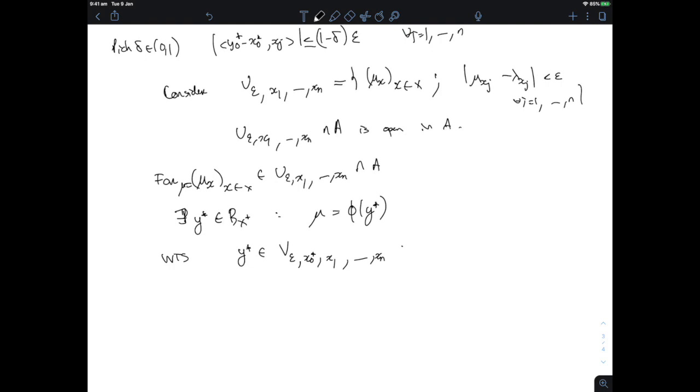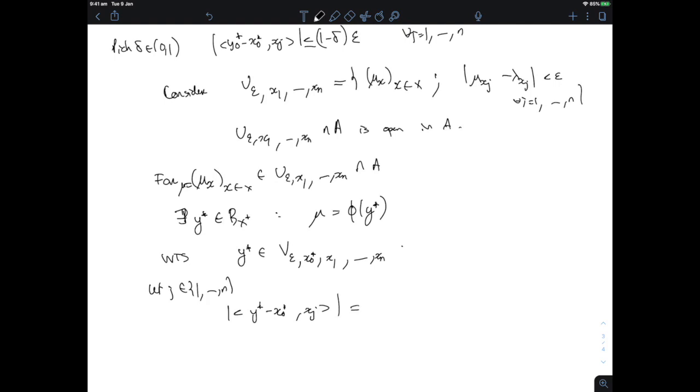Therefore, I found an open neighborhood of any element in the image of an open set in B x star by phi. So, okay, let's take a j between 1 and n, and I have to show that y star is close enough to x naught star. And what can I say about y star minus x naught star tested on xj?